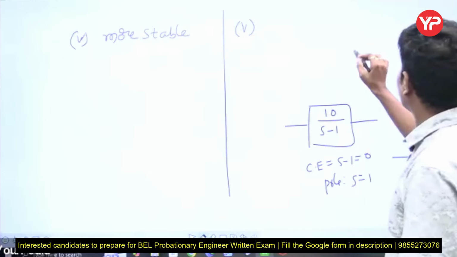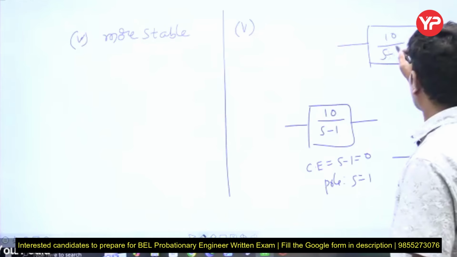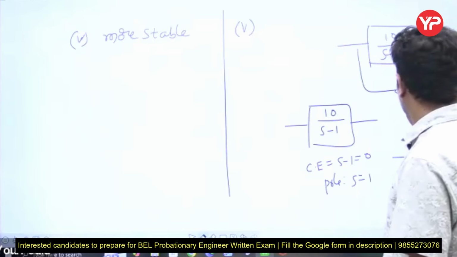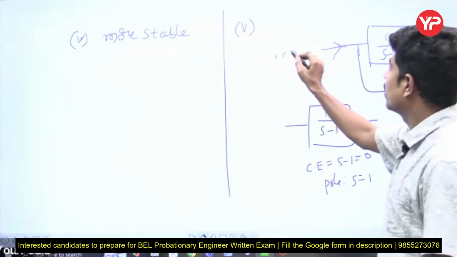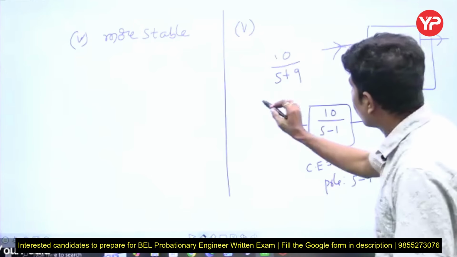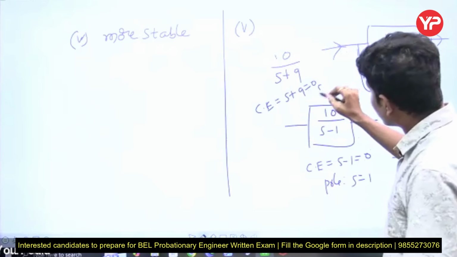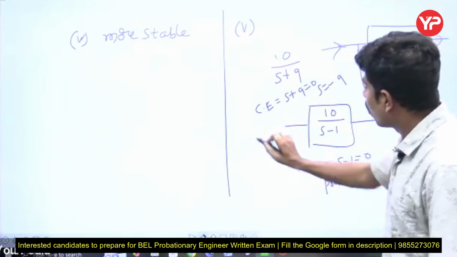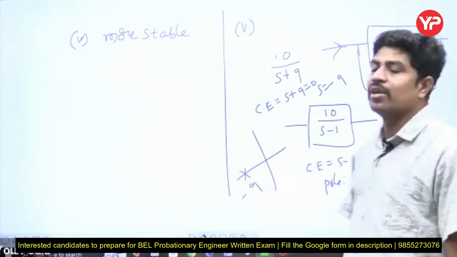Now, if I apply unity feedback to this, meaning nothing is there in the feedback, only 1 is there, that is called unity feedback. Now its transfer function will be 10 by s plus 9. How to get that I will discuss today itself. Now what is its characteristic equation? s plus 9 is equal to 0, s is equal to minus 9. Now the pole is in the left hand side, which increases its stability.